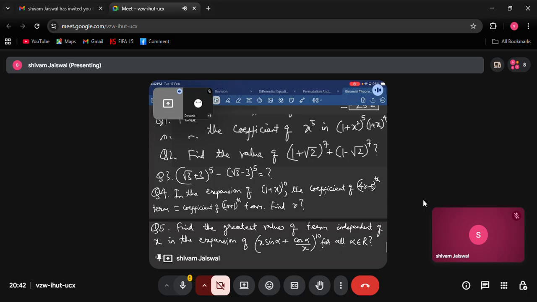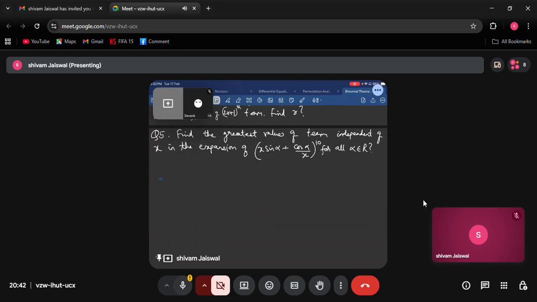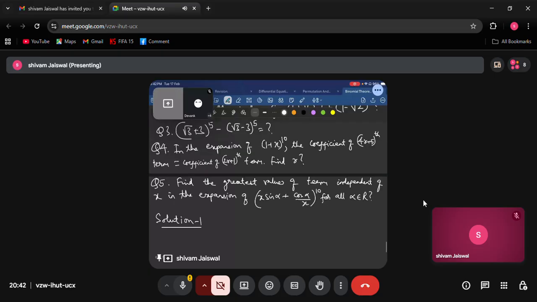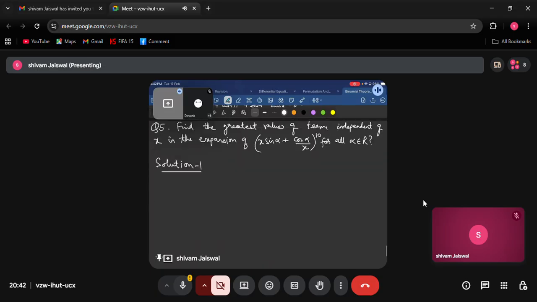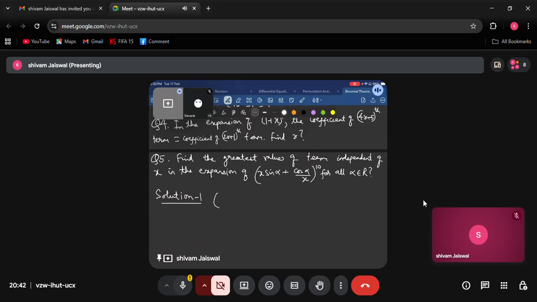So everyone pay attention. Number one. Anandit, Socrates, Shomita, and Raktim. See, over here, we need to find out the coefficient of x to the power 5 in 1 plus x square whole to the power 5 into 1 plus x whole to the power 4. So everyone, what is 1 plus x square whole to the power 5?